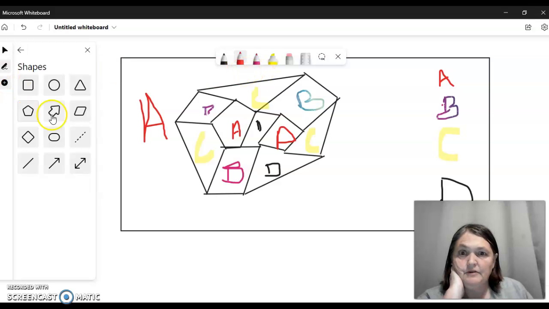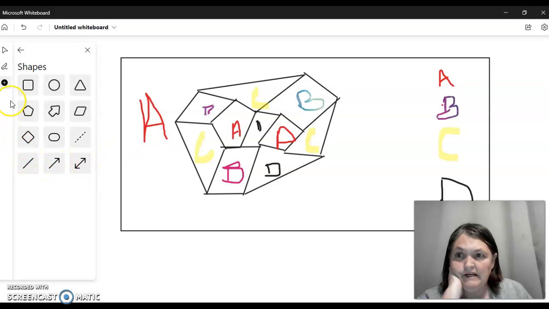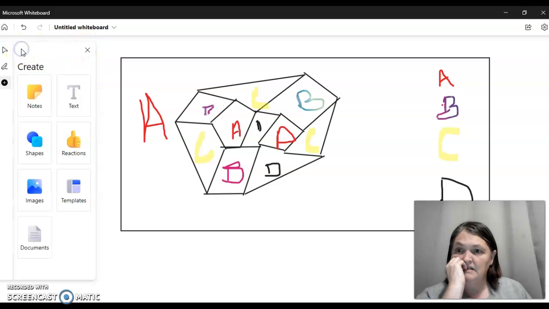Okay, so the question is, what though if I got rid of one of the edges? See if I can remember how to get rid of an edge, if I don't want to add a line.